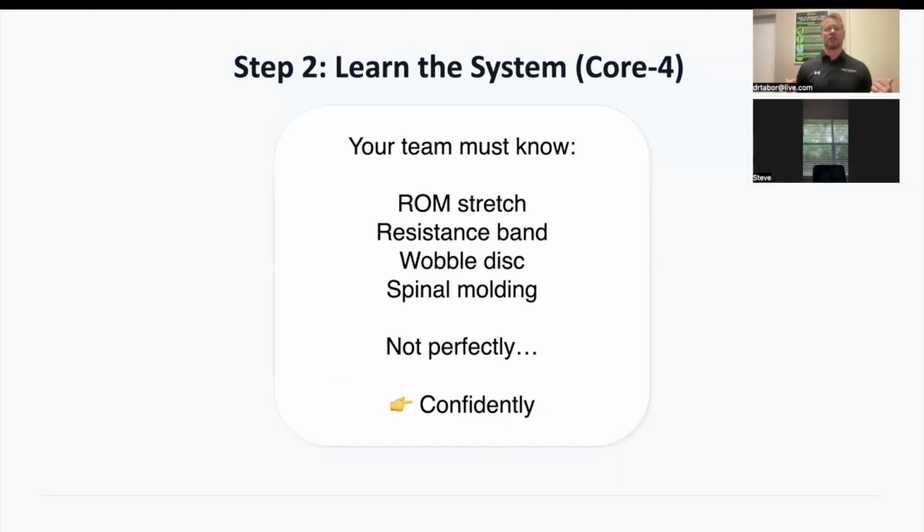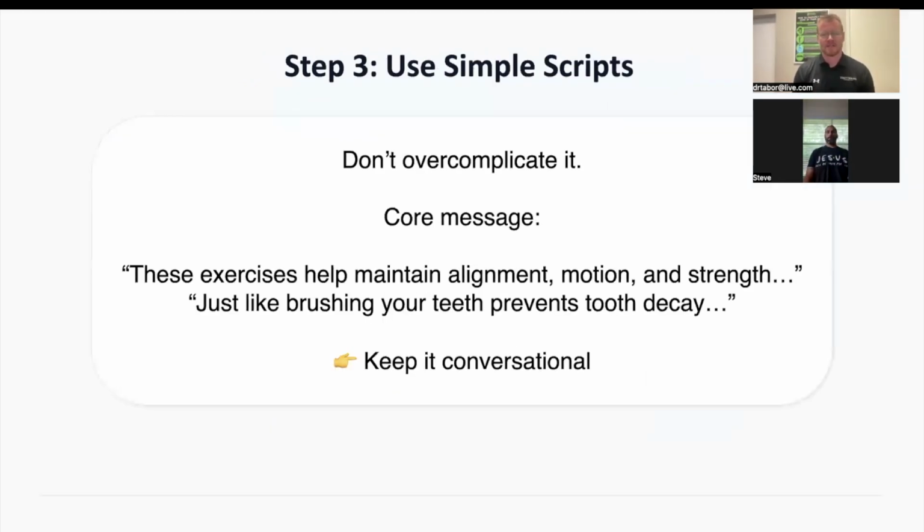And patients are doing that so that they can maintain what the adjustment is doing, which is correcting that head forward posture. The wobble disc exercise, we're getting mobility and movement and hydration in those discs. The spinal molding exercise, we're maintaining our alignment between our chiropractic adjustments. So our team doesn't have to be perfect on this. They just need to be confident that they can share this message with the patients.